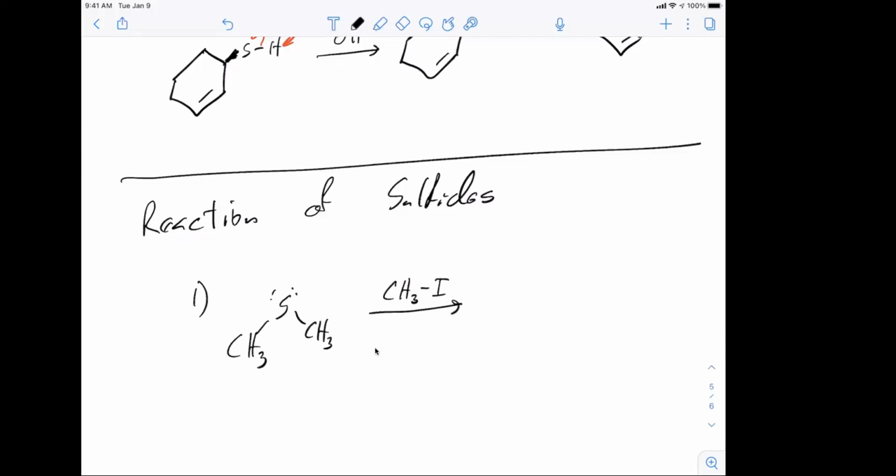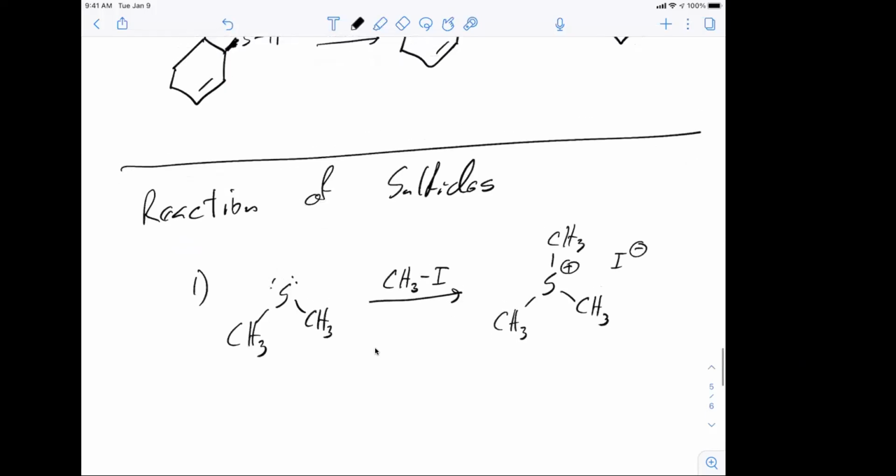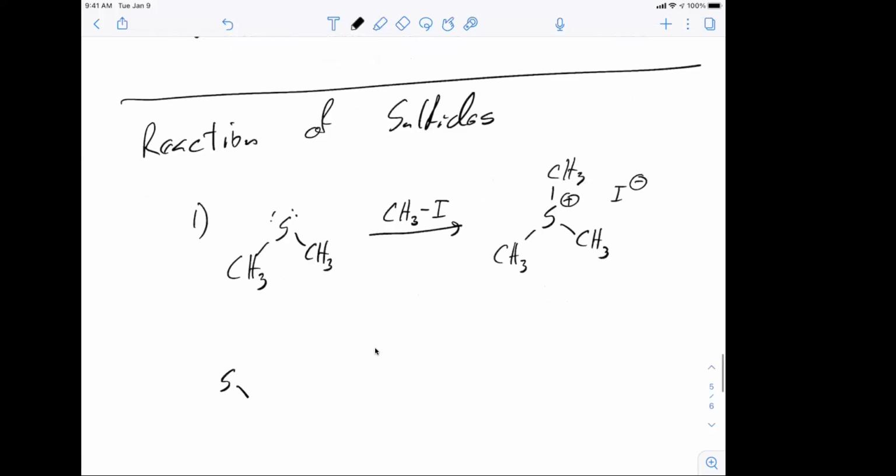So the sulfur is still nucleophilic. So it can react with electrophilic carbons.